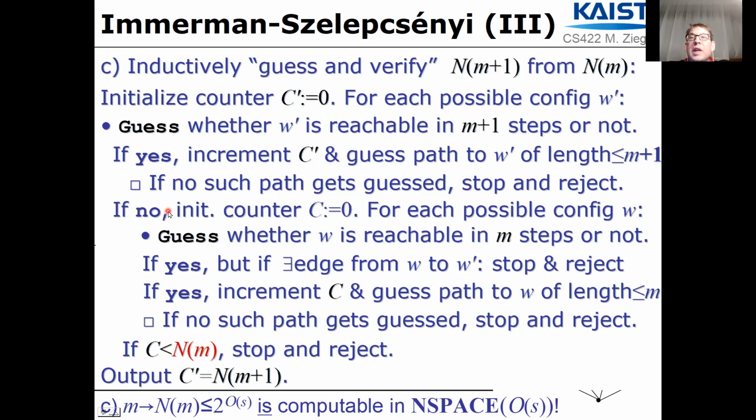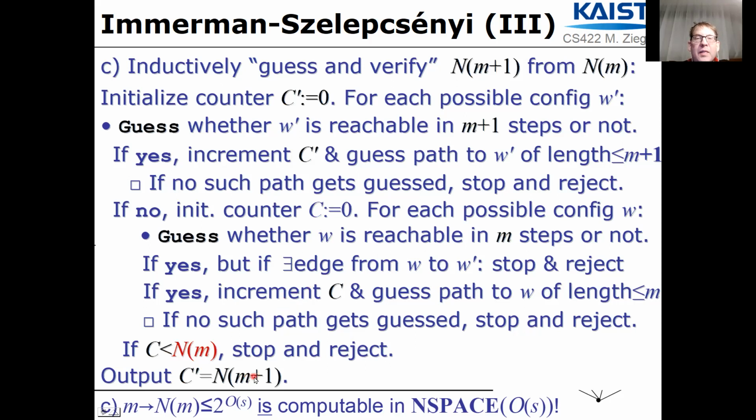Instead, we enumerate all vertices that are reachable within m steps using the previous method and verify that the new vertex is not reachable in one step from these vertices that are reachable within m steps. And thus we can verify also that the negative guess was correct. And we increment the counter C prime only for the positive guesses, which we have verified, and we do not increment it for the negative guesses, which we also have verified.